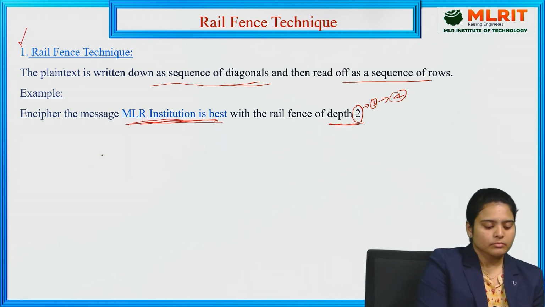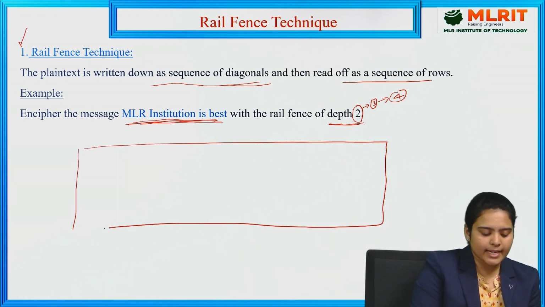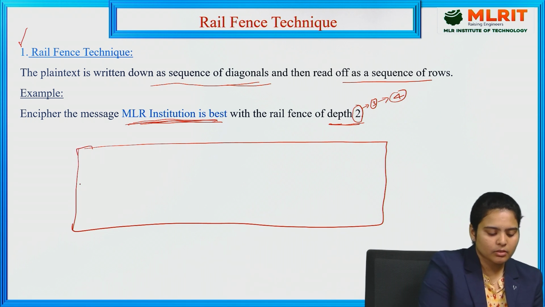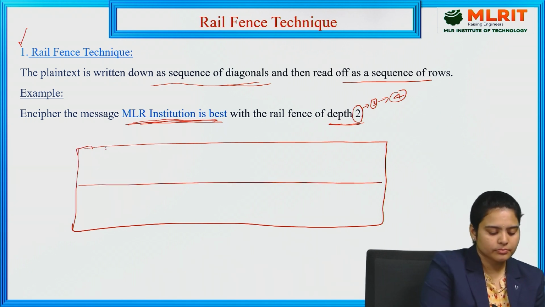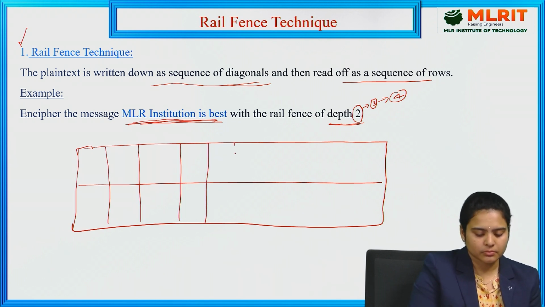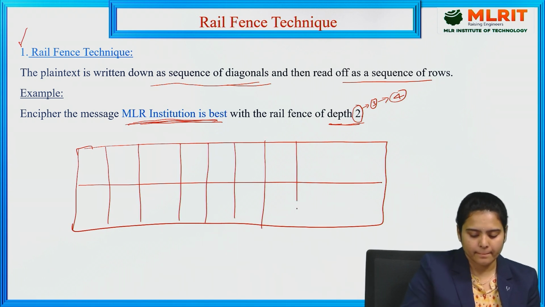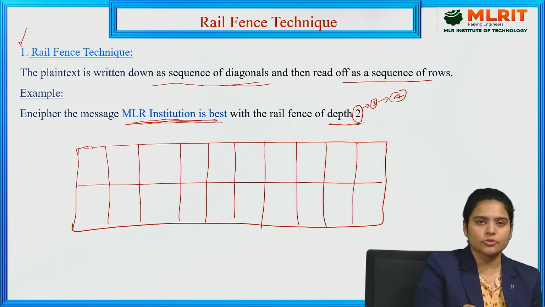I am taking one rectangle box. Let us try the example "MLR institution is best".